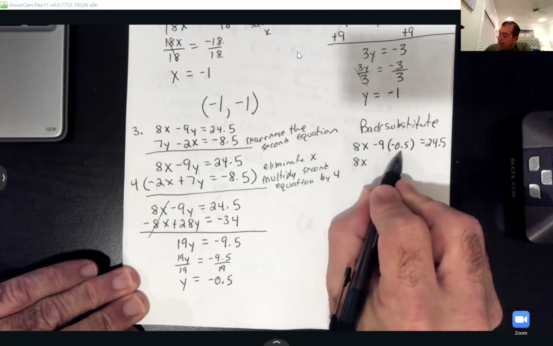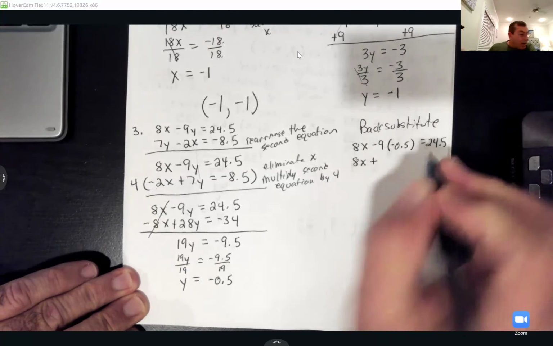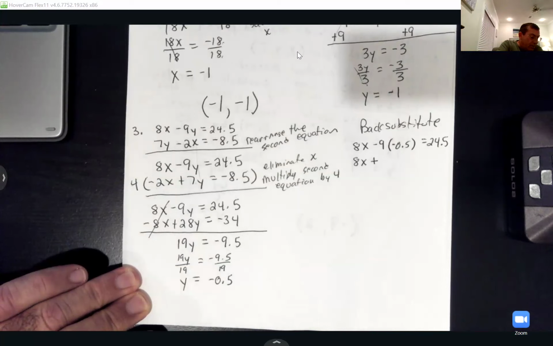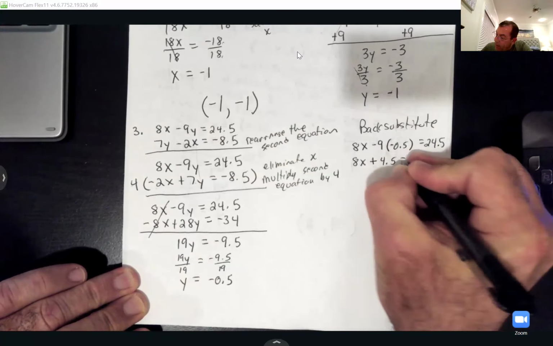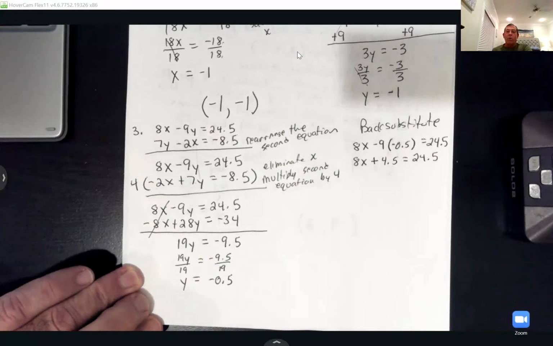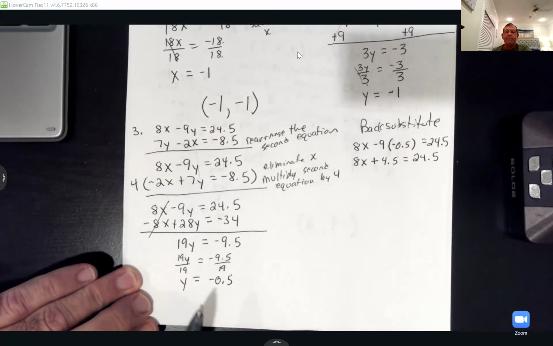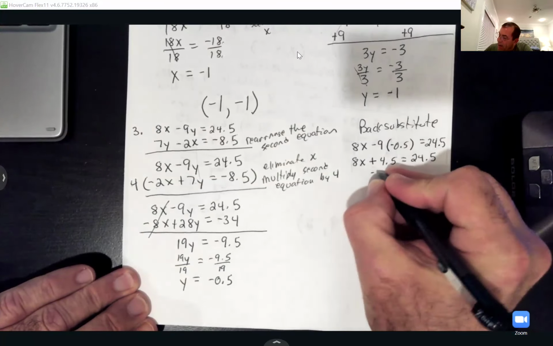That negative 9 times negative 0.5 becomes a positive 4.5. I'm going to subtract the 4.5.